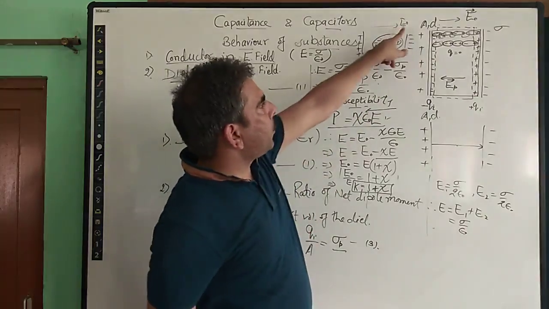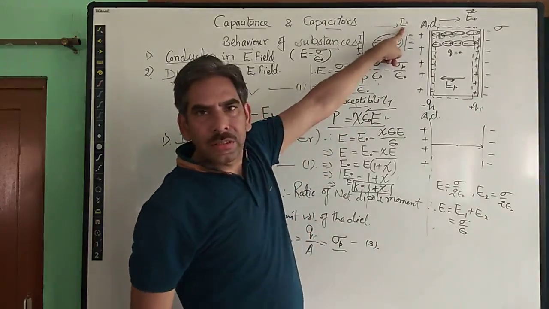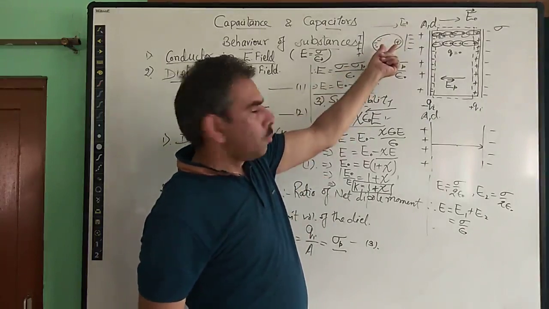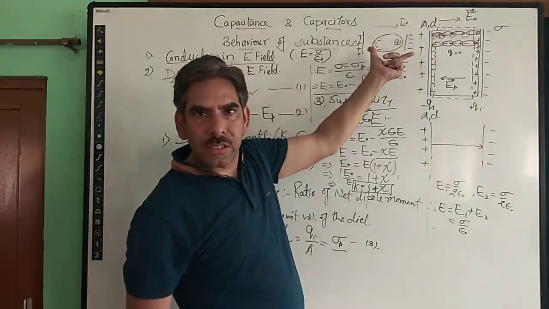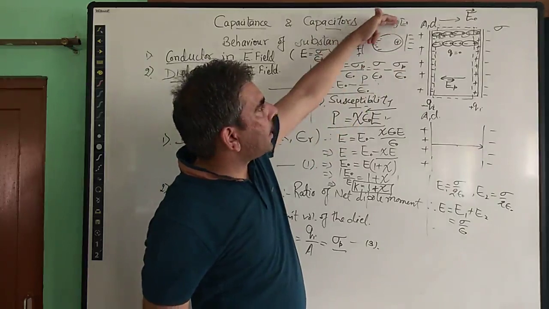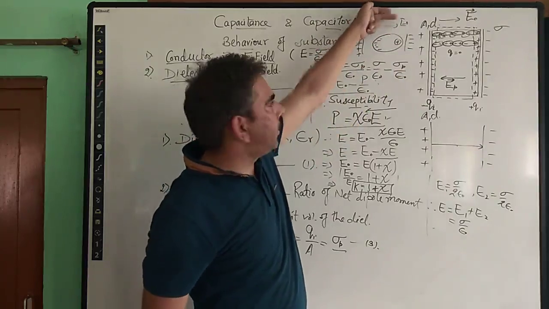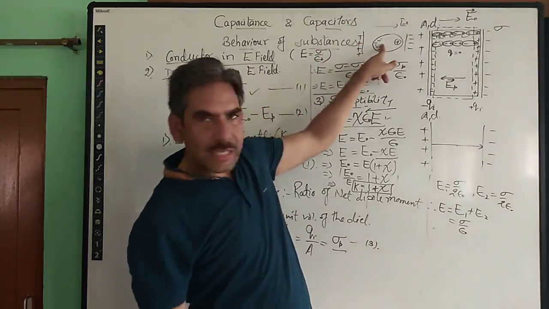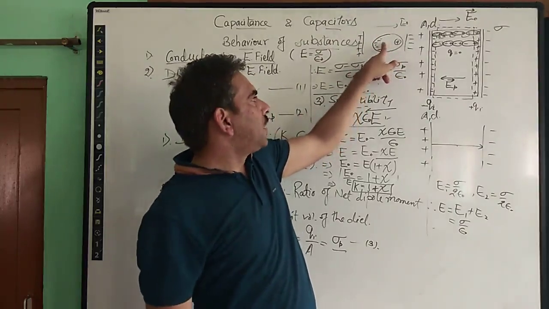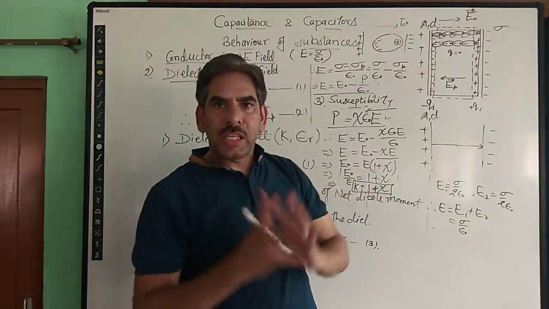What happens if we keep on increasing the applied electric field? More and more separation takes place. We keep on applying higher and higher values of the applied electric field, thus more and more polarization of the negative and positive charges takes place.